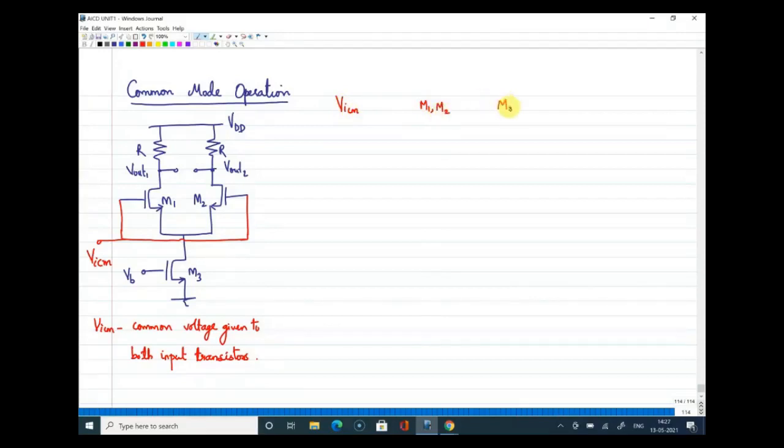And also let us see the region of operation of all the devices, M1, M2 and M3. And also we'll see the voltages Vout1 and Vout2 when you are applying a VICM. So this we'll see. So how the transistor circuit will respond to a common voltage applied to the gate of the MOSFETs. Are you guys with me?